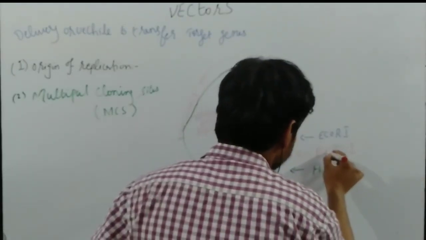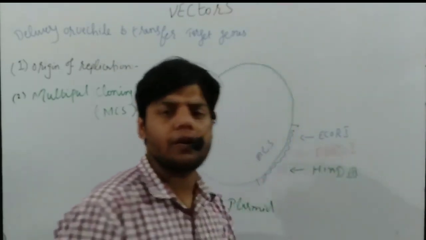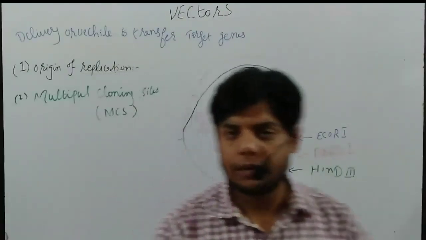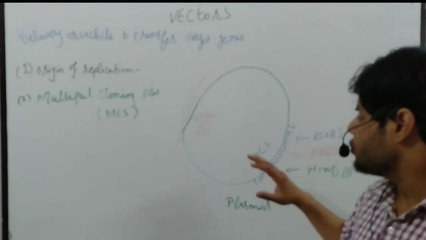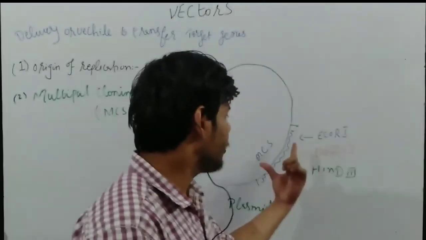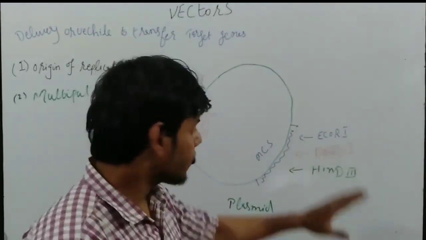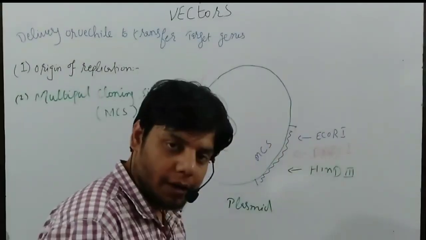There are not only these three, but different restriction enzymes which we use to cleave this vector at multiple sites. That's why we call it multiple cloning site.